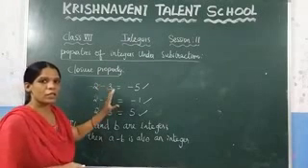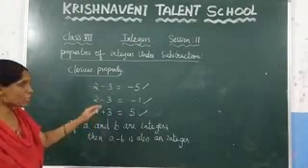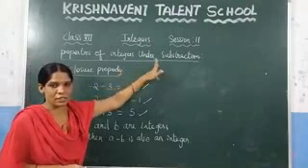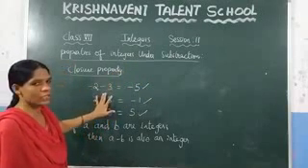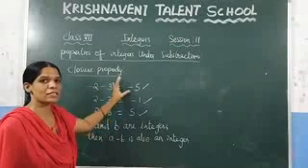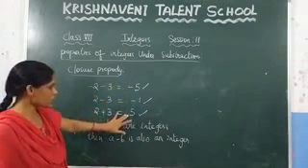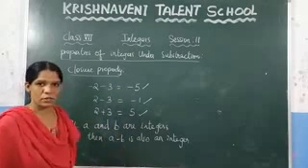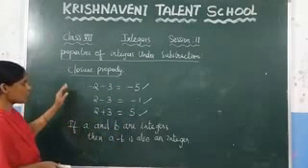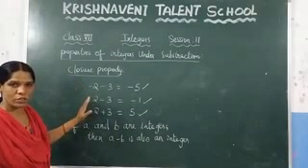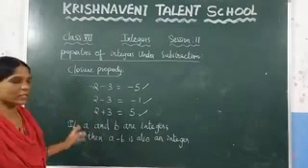If you take any two integers and subtract them, you have to check whether the result is also an integer or not. Since we get the result as an integer, we can say that A minus B is also an integer. From this, you can say that the closure property holds good under subtraction for integers.